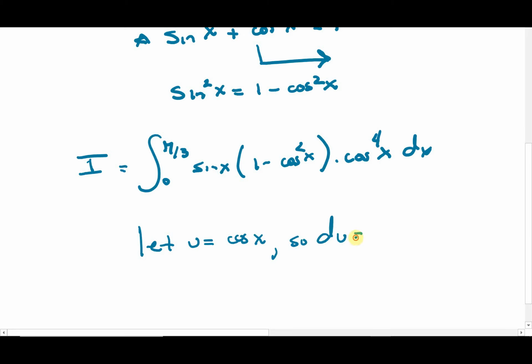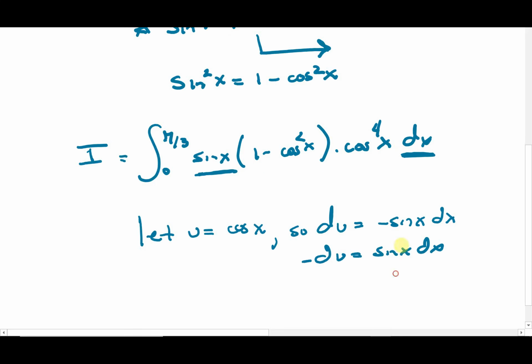So du is negative sine x dx. So therefore, negative du equals sine x dx. So I took care of sine x dx right here. That's negative du is sine x dx.